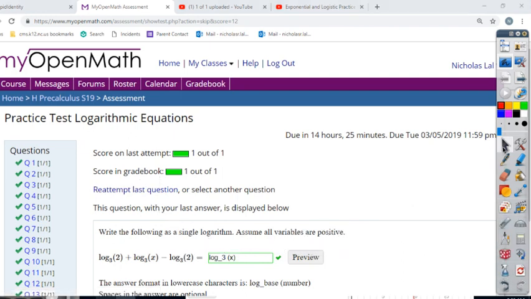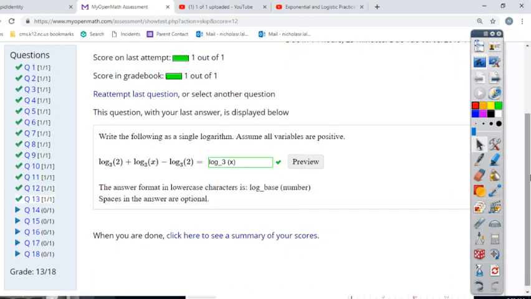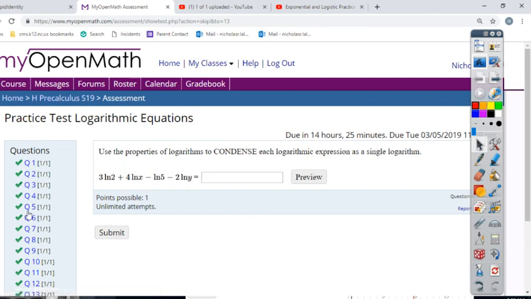Clear annotations. Question 14. All right, condense the logarithms. This becomes the natural log of 2 cubed plus the natural log of x to the 4th minus the natural log of 5 minus the natural log of y squared.